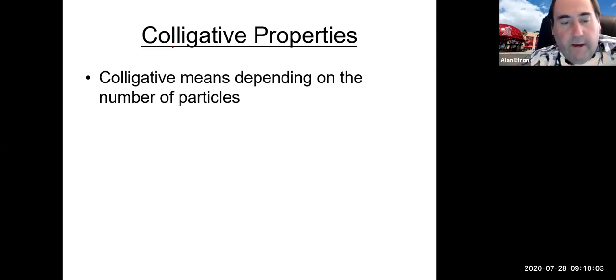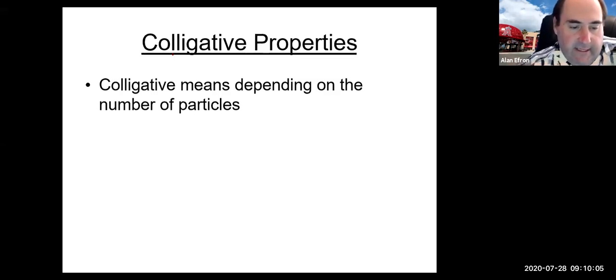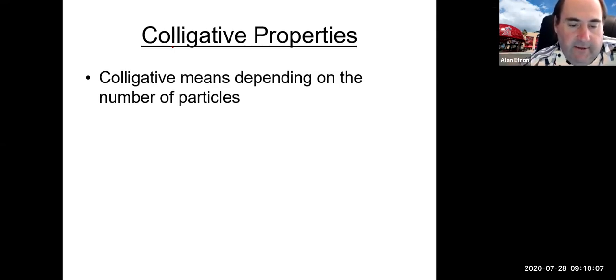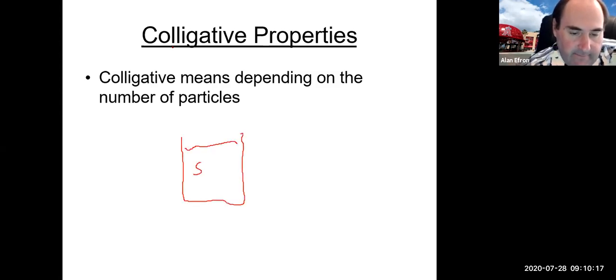So the greater the number of particles dissolved in that solution, the greater the effect it's going to have on things like boiling points, melting points. When we have just the solvent by itself, say water molecules, if you're going to boil it, they're pretty much free to head to the surface and go through boiling.